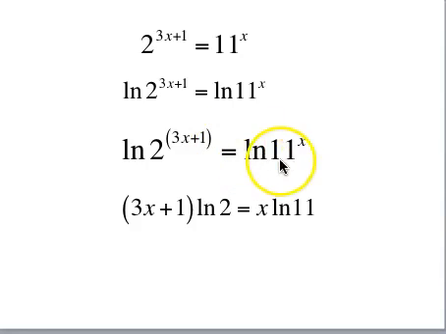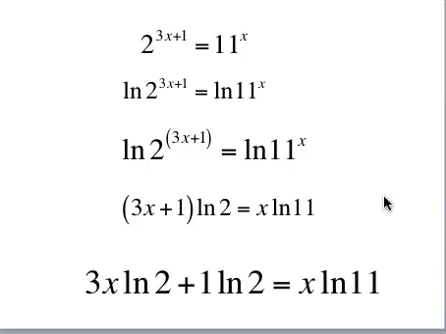Same thing on the right side, log 11 to the x, we pull the x down front and it's x times the natural log of 11. Once we're here, we have to distribute. 3x times log 2 is 3x log 2 plus 1 times log 2 is 1 log 2 or log 2. So you can see I have 3x natural log 2 plus 1 log 2 equals x log 11. And our goal is to solve for x.